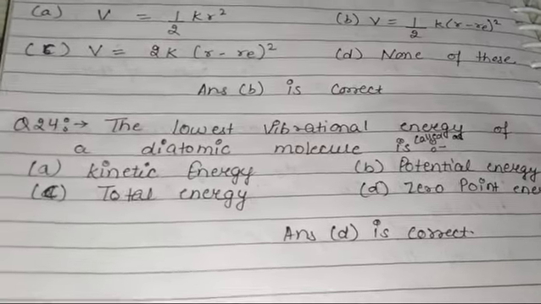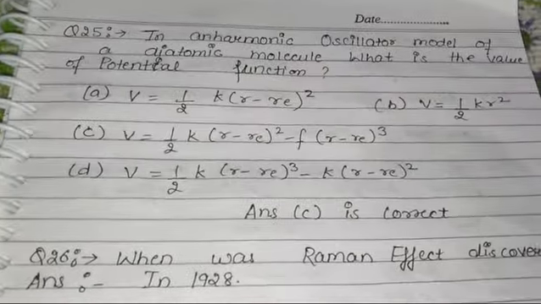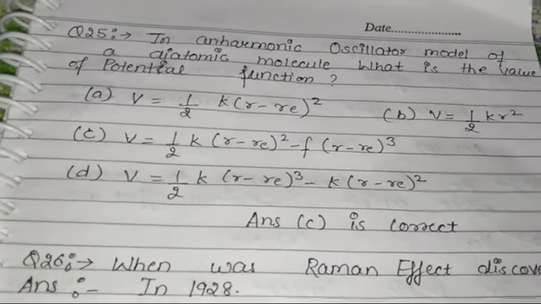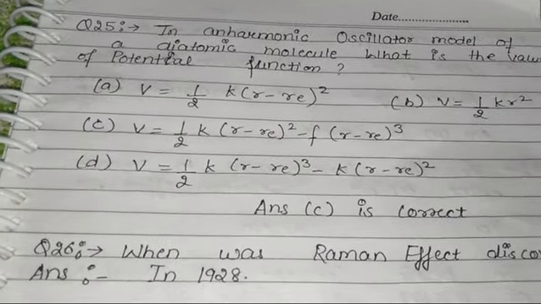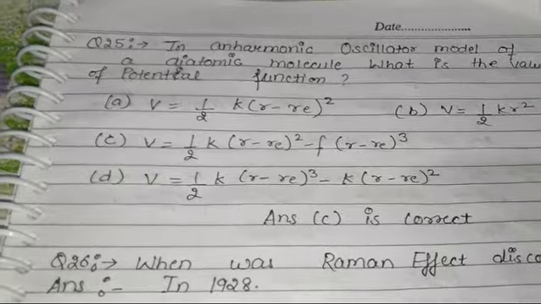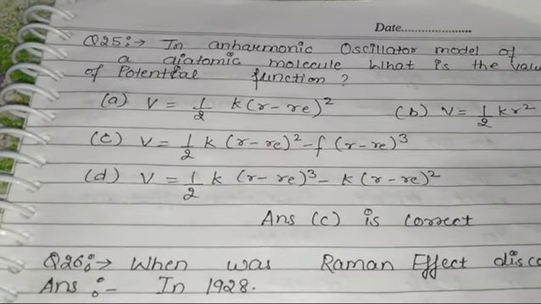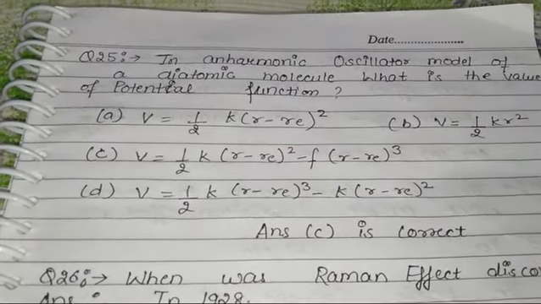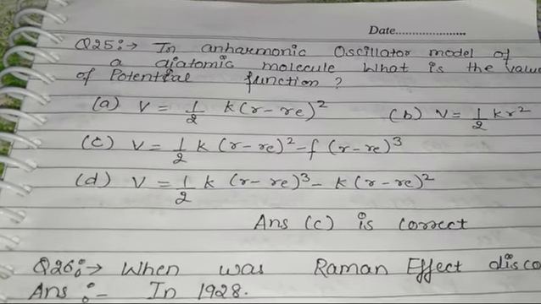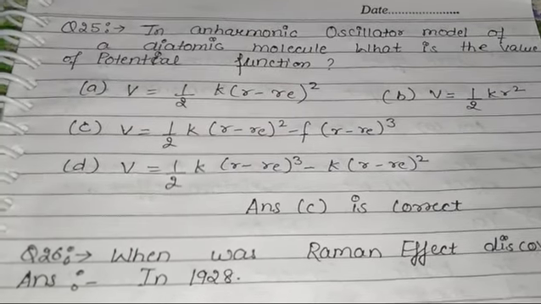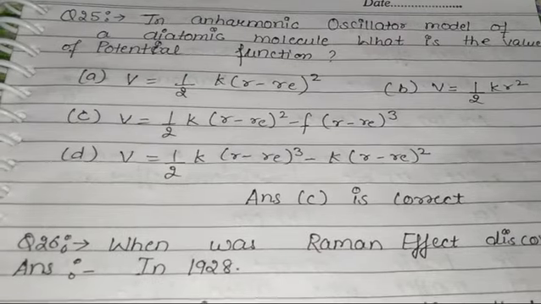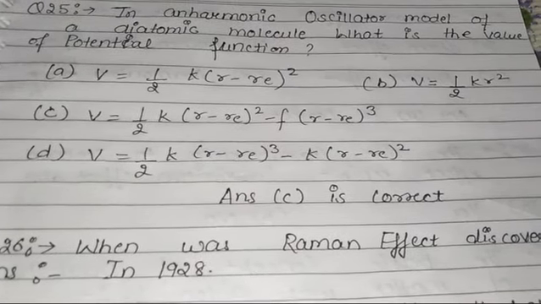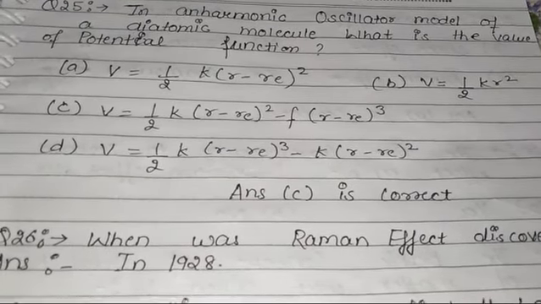Okay friends. Next question is on the anharmonic oscillator. In the last question we studied the harmonic oscillator. So here, in the anharmonic oscillator model of a diatomic molecule, what is the value of the potential function? A, V is equal to half of K (r minus re) whole square.